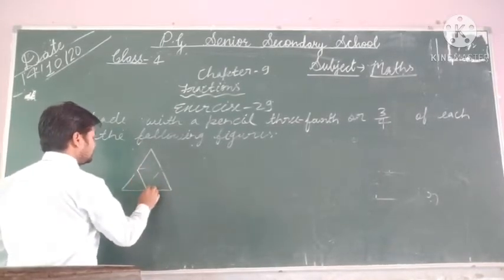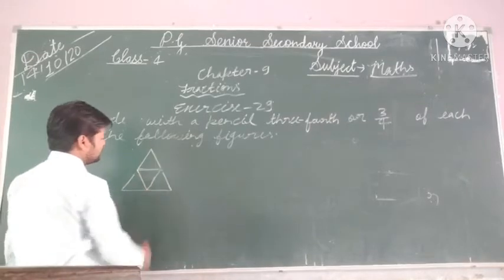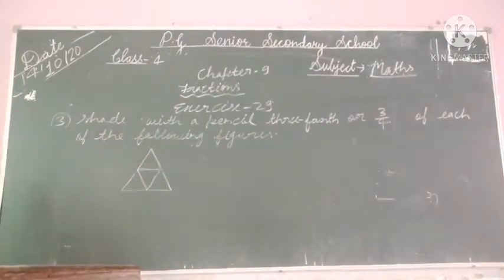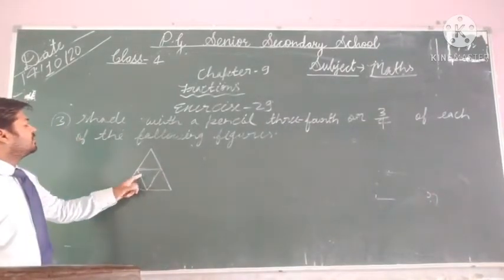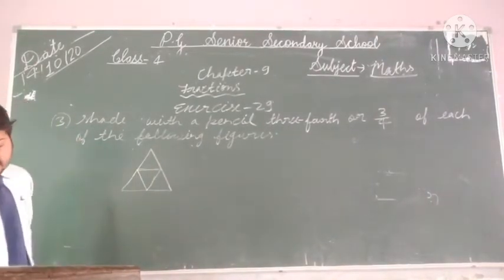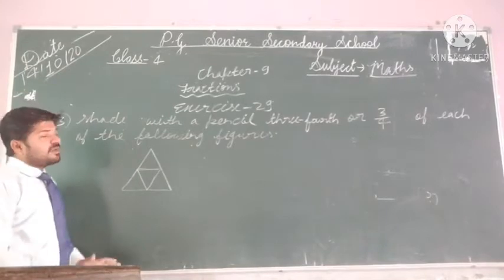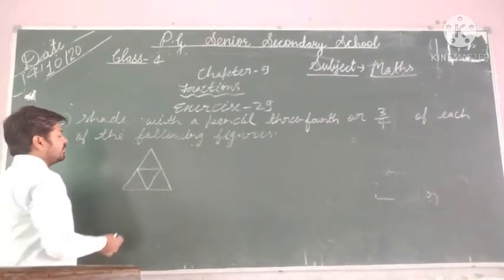So this is your figure. You can see here how many parts are here? 1, 2, 3, 4. So 3/4 here. So 3 parts you have to color here.